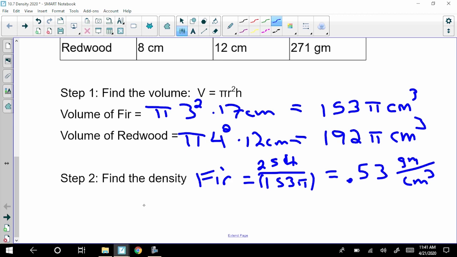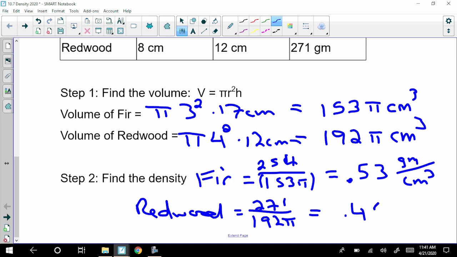Now for the redwood, we've got 271 grams over our 192 pi, and that's going to give me a total of 0.45 grams per cubic centimeter. So the fir is denser than the redwood. Okay. And that's about it for density of an object. Pretty easy calculation.